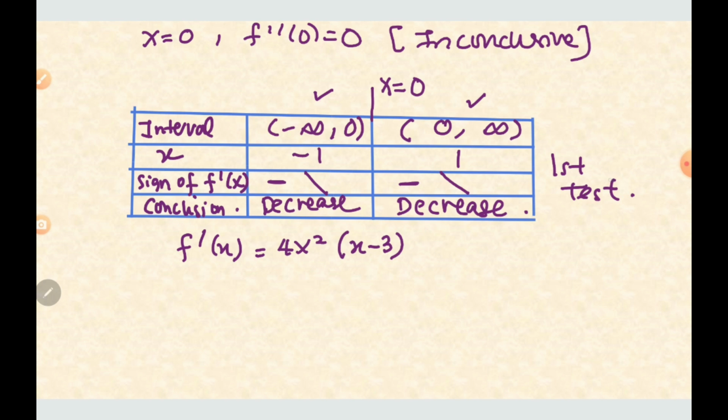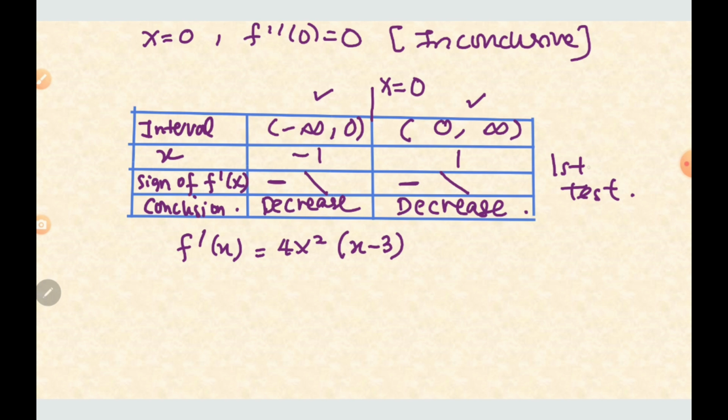So by using the first derivative test, we cannot conclude whether the point x equals 0 is a maximum or minimum. So what can we see here?